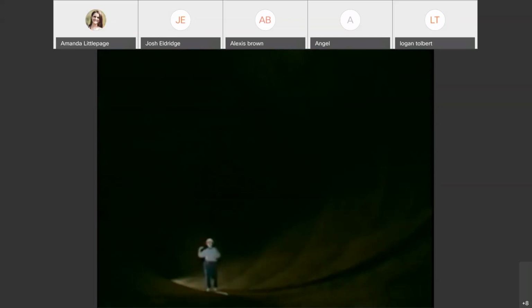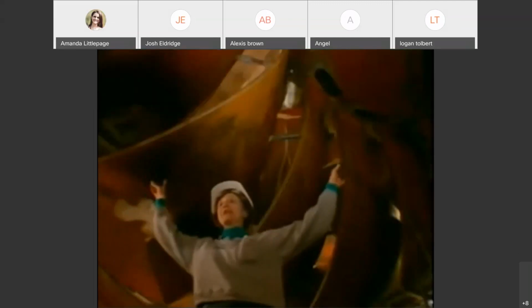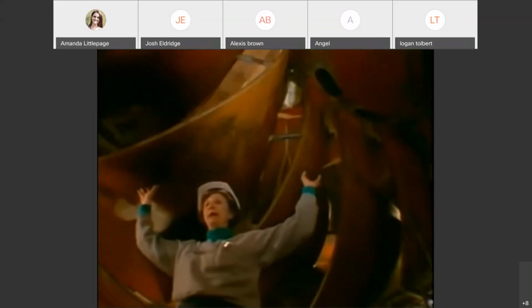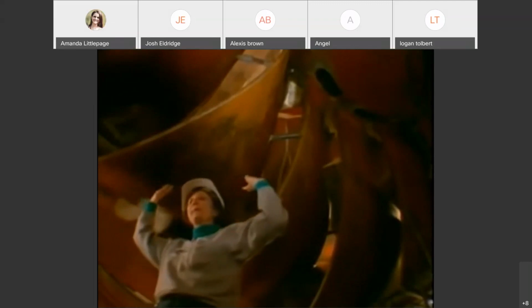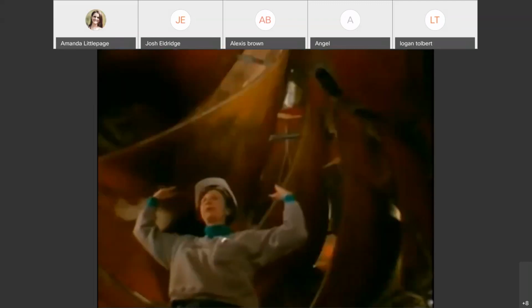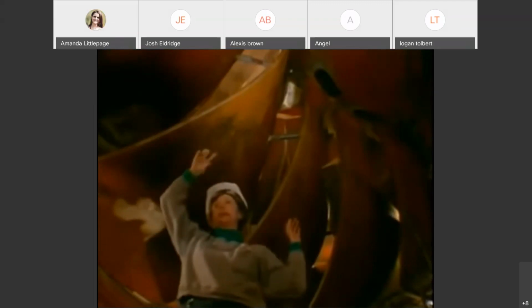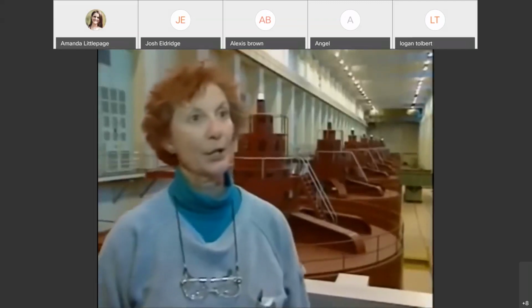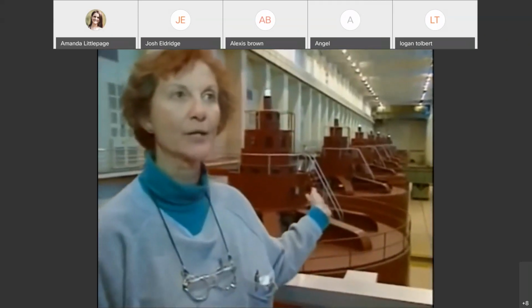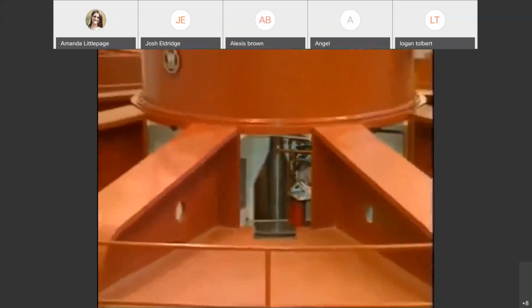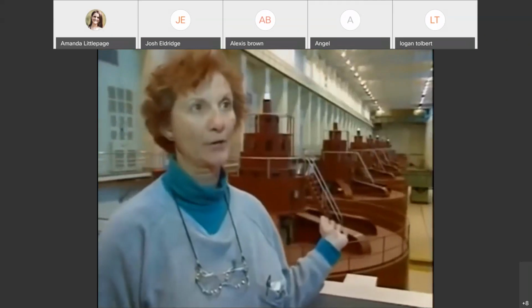This spiral case looks like a giant snail shell, and it goes around the turbine. This is the turbine. It's a giant propeller. The rushing water up above creates thousands of tons of energy to make this turbine spin. The spinning turbine turns these generators, which produces electrical energy.